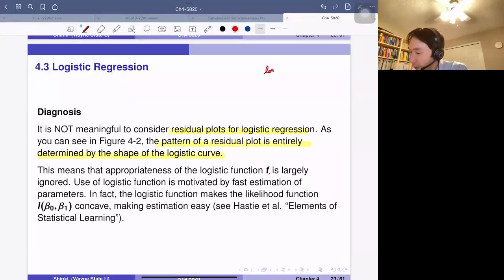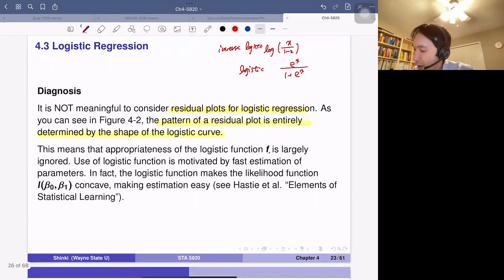The log of this part is the logistic function, and 1 over 1 plus e to the power negative x is the inverse logistic function. Maybe not, sorry, this is the inverse logistic. And the logistic curve is e to the power x over 1 plus e to the power x.